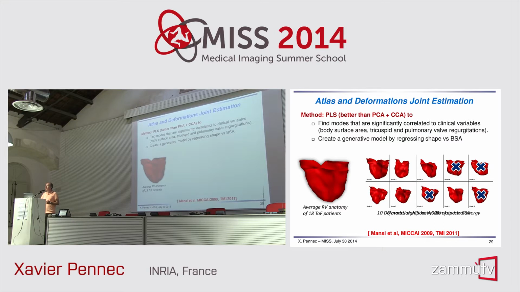So what we can do is compute the atlas, so that would be the mean shape. This is not the shape of any right ventricle of the population, it's the one which is computed with the Fréchet mean. And then we find the modes of variation. These are the first modes of variation, the deformation modes. You can see that they're describing quite a lot of things, but even the first one is basically not only shape, but size, I mean.